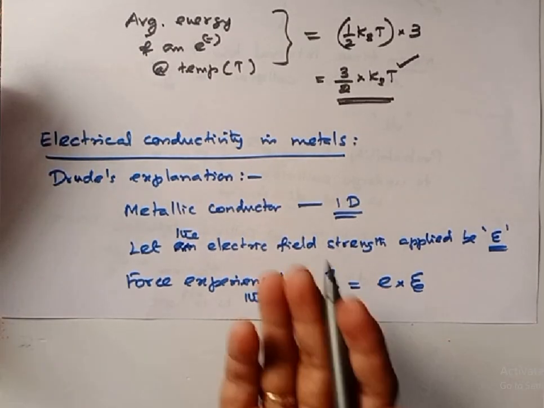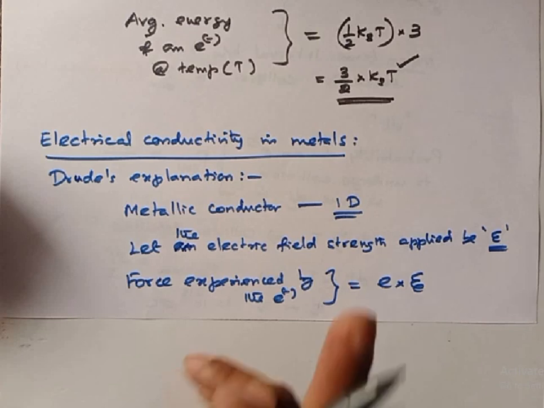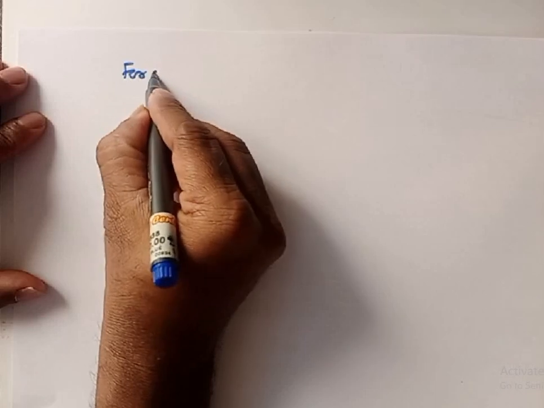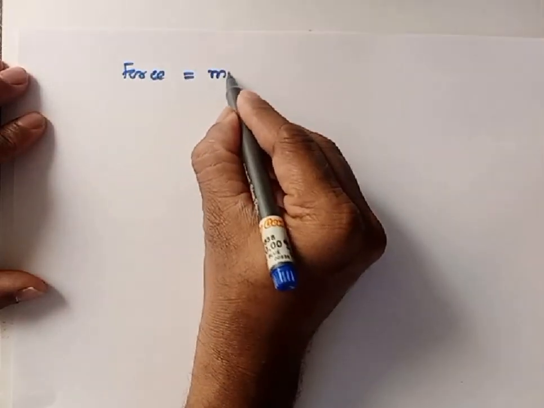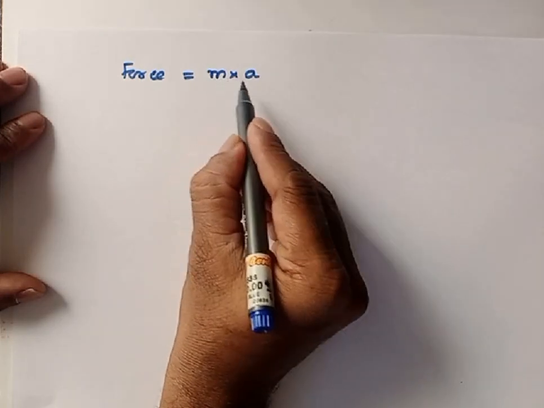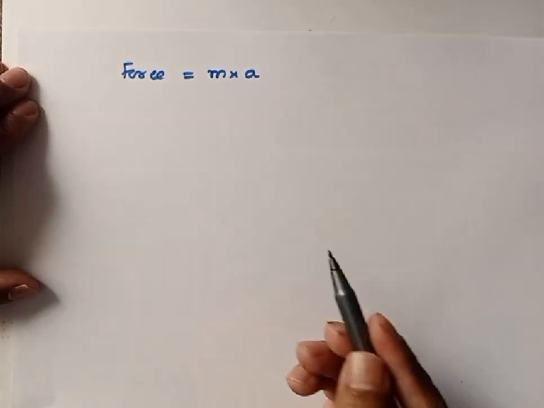Since these particles are classical particles, they also obey Newton's laws. Therefore, from Newton's law we can say that force is equal to mass into acceleration. Here m is the mass of the electron, a is the acceleration of the electron.